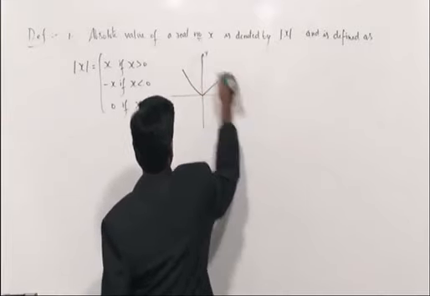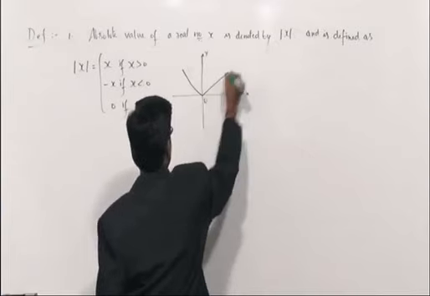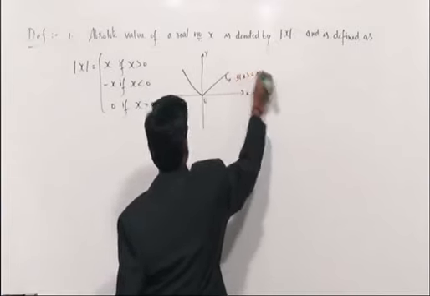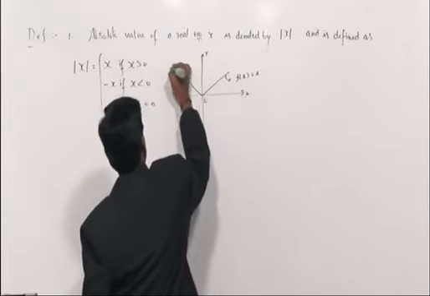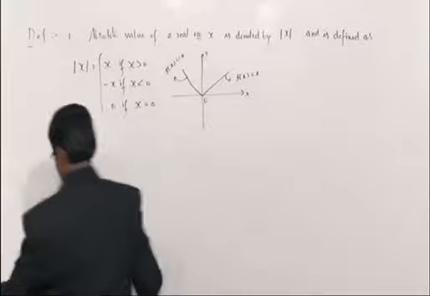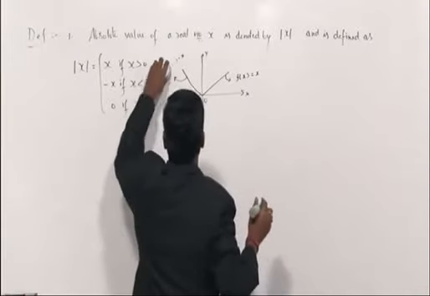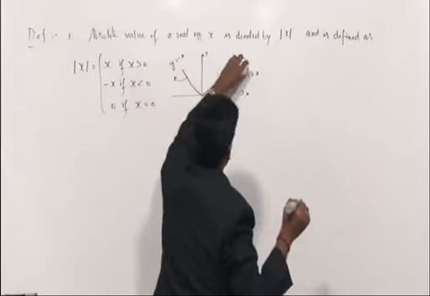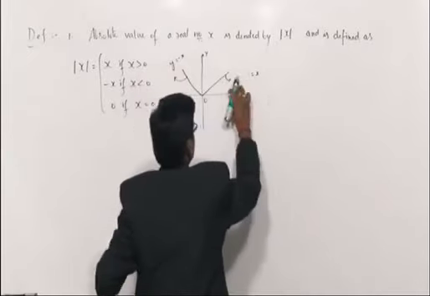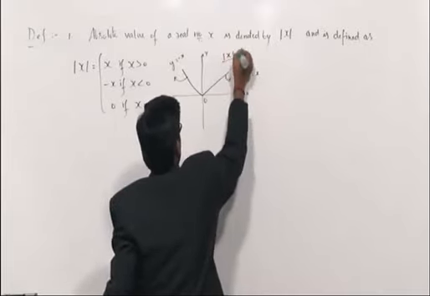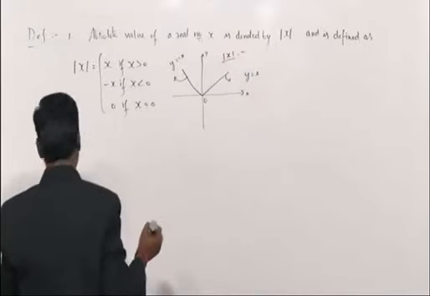This is the y axis, x axis, origin. This is f(x) equal to x graph, and this is f(x) equal to minus x, or simply y equal to minus x, and this is y equal to plus x. This is the graph of mod x.